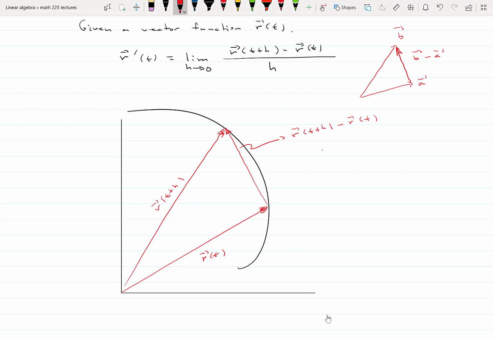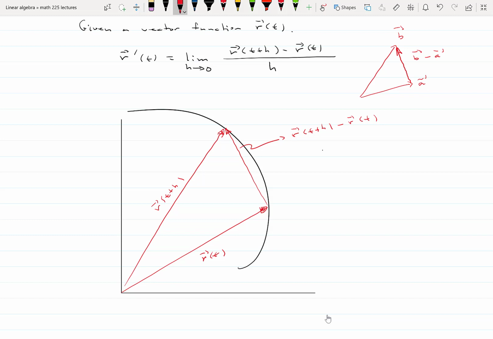Now, what did the derivative give us in Calc 1? This should be automatic for you. If it isn't, I'll remind you. What did the derivative in Calc 1 give us with respect to a curve? It gave us the slope of the tangent line. I would like the derivative, r prime of t, of a space curve to give us something similar to that.